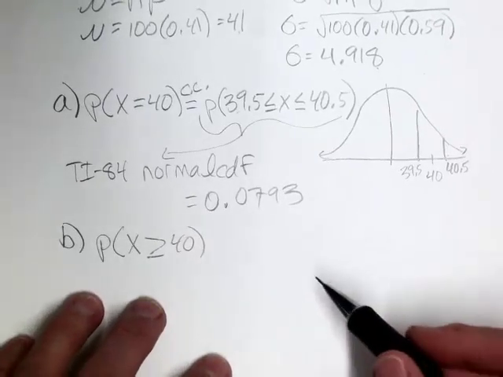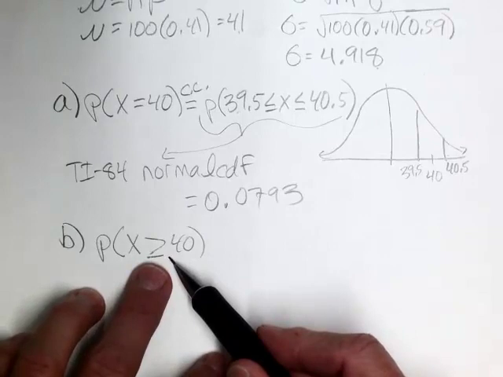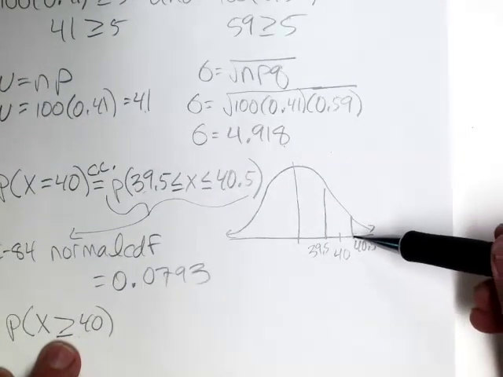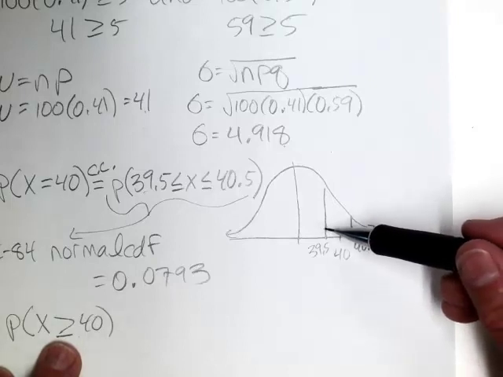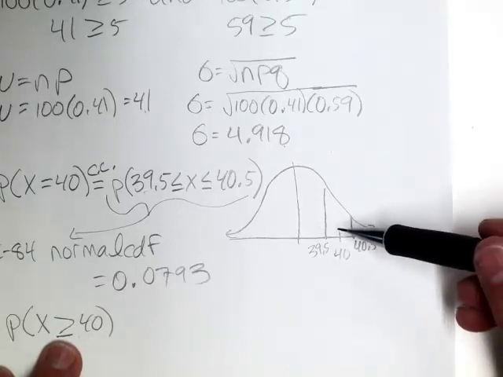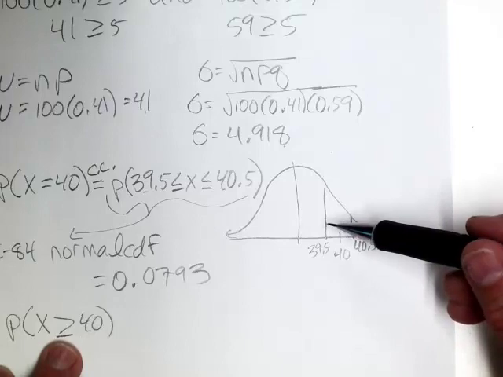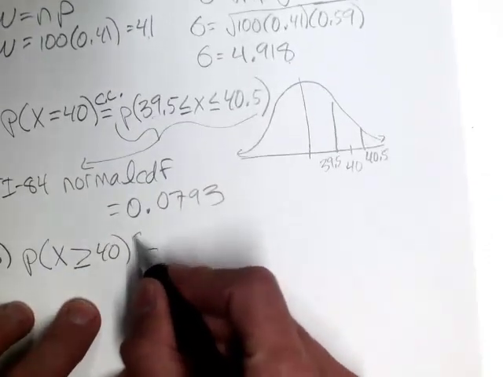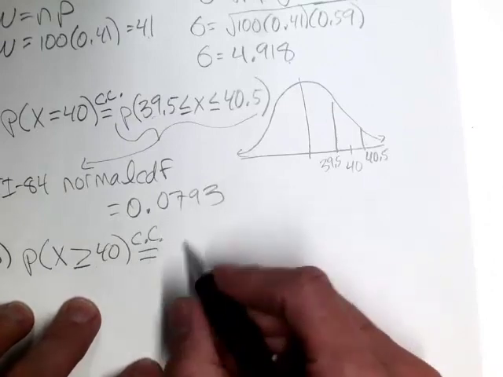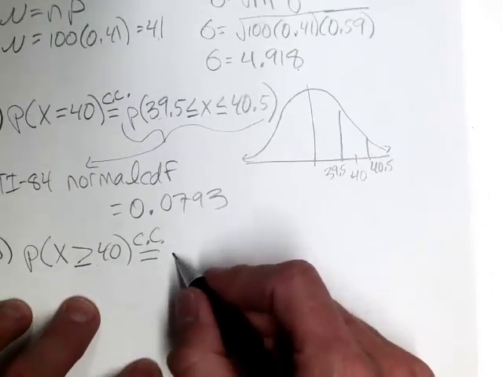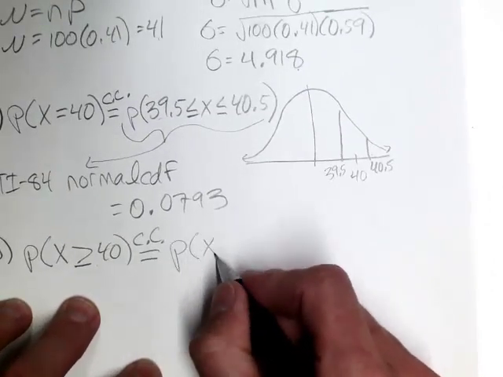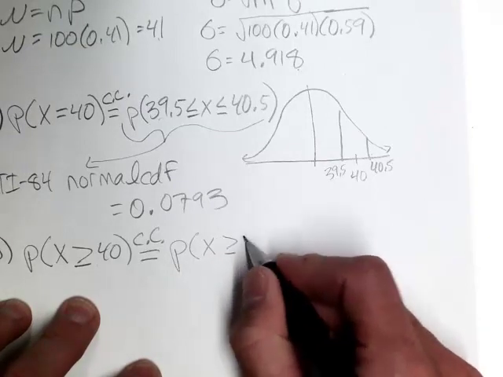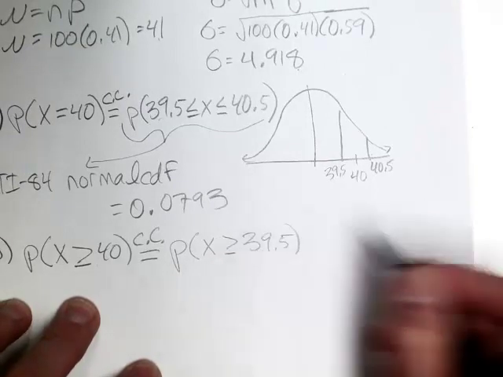So again, because we're including 40 and looking at the sketch here, the number 40 in the continuous case will go down from 39.5, and if we're greater than or equal to, we're going to go to positive infinity. So first, using that continuity correction, I'm going to rewrite that as the probability X is greater than or equal to 39.5.